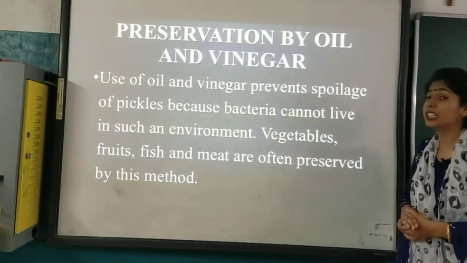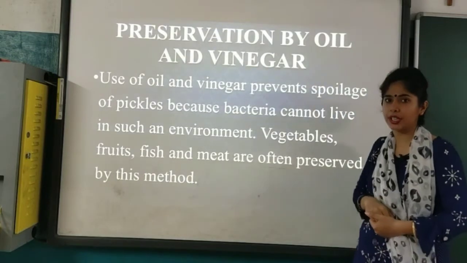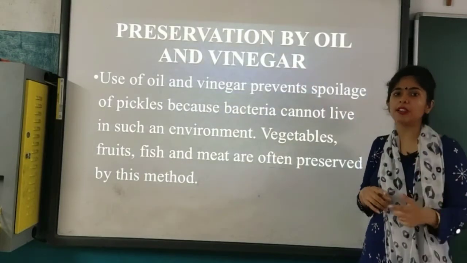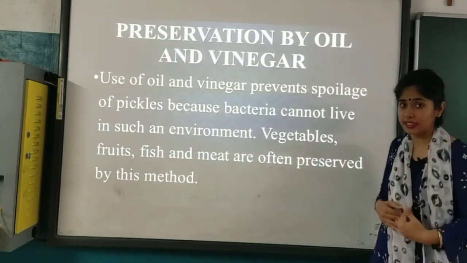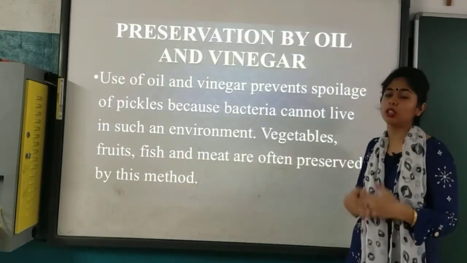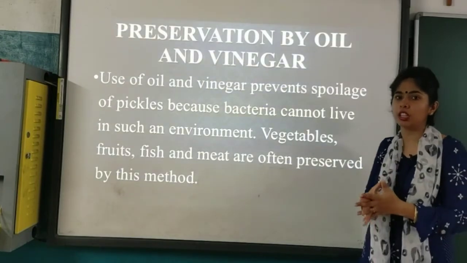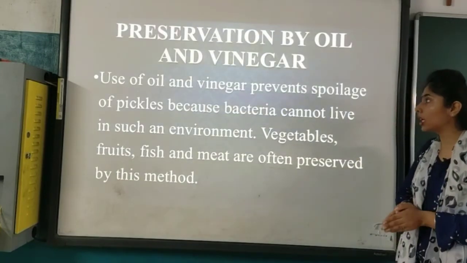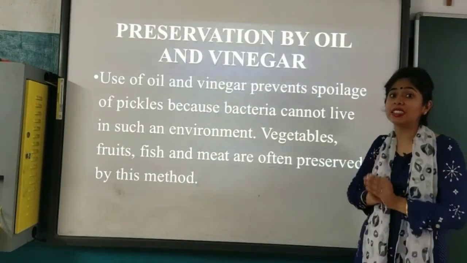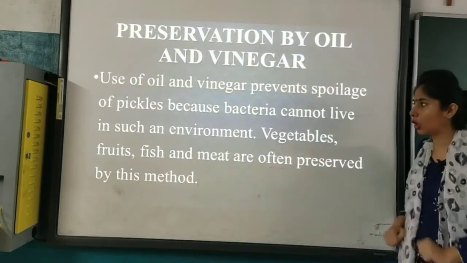Now let us see preservation by oil and vinegar. In our first slide, I told you about acetic acid, that is vinegar. So oil and vinegar are used to prevent the growth of bacteria and other microorganisms. It doesn't allow the food to get spoiled due to the microorganisms.